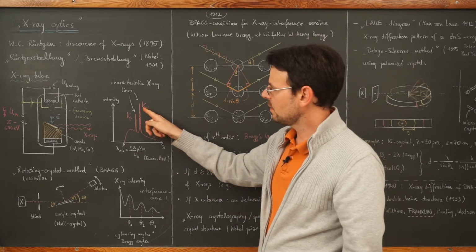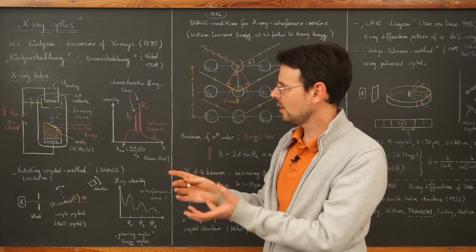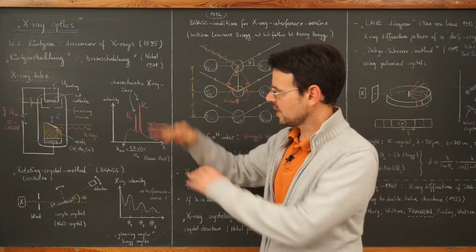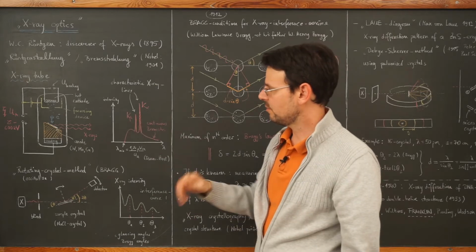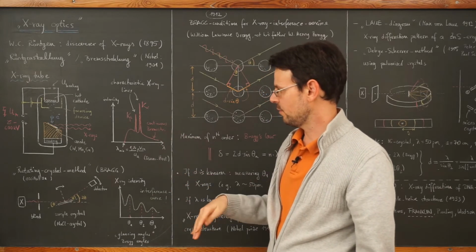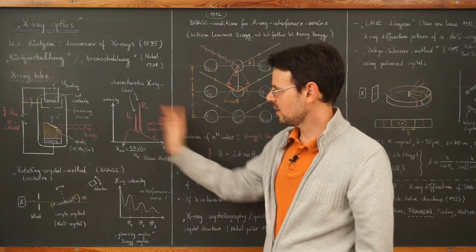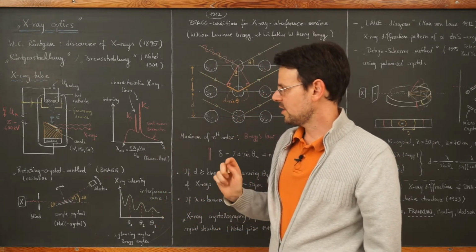Because here the electrons go down to the K shell, these are called the K alpha and K beta lines. Here from the second energy level to the first, and here from the third energy level to the first. But as I said, we do not know enough about atomic structure yet to really go into any details here.